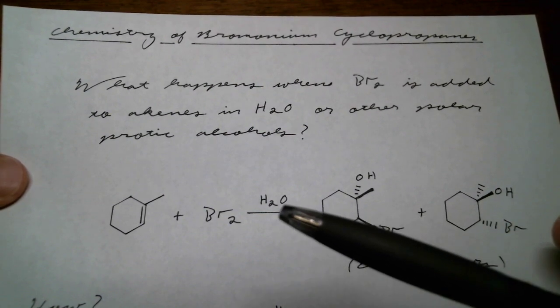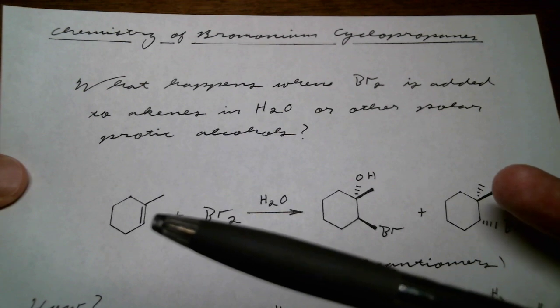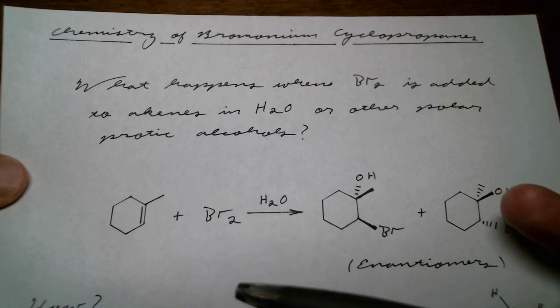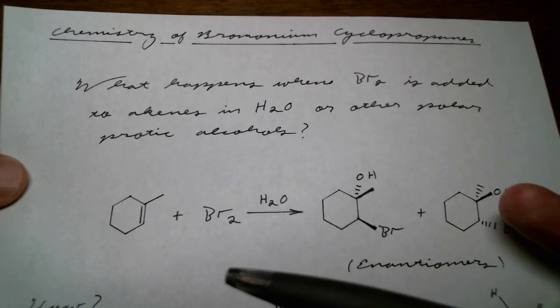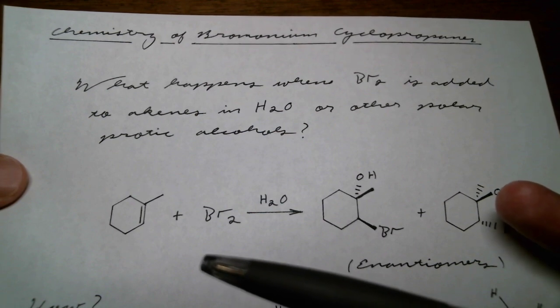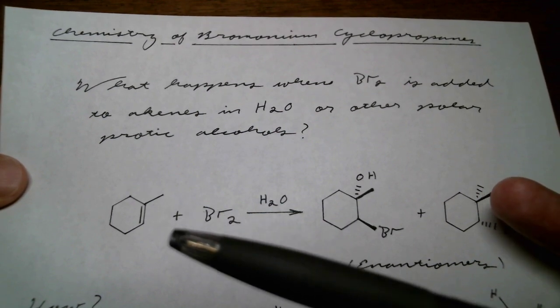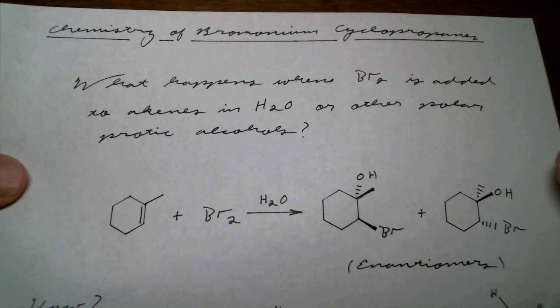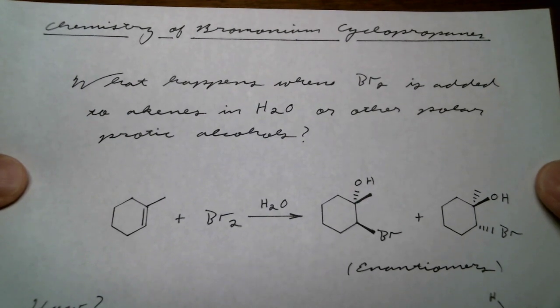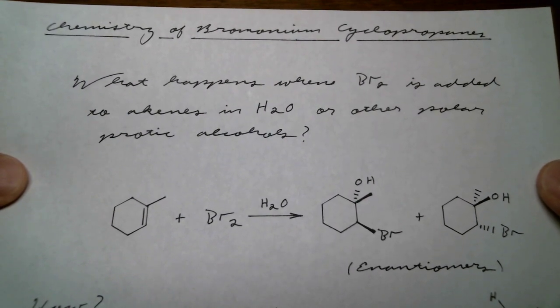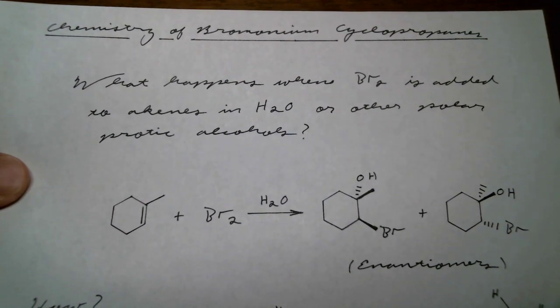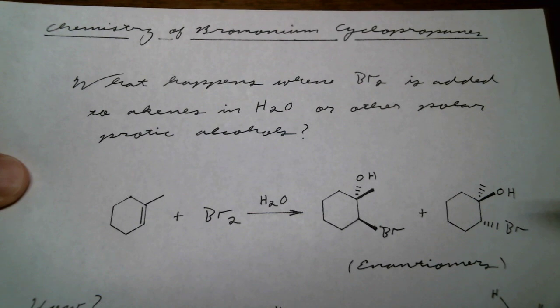It's a little unusual that I am saying that the water is opening up our cyclopropylbromonium cation intermediate in an SN2-like fashion, attacking the most hindered carbon. It's somewhat like something we've seen before in that we've looked at epoxide ring openings under acidic conditions, and you don't get racemization, right?